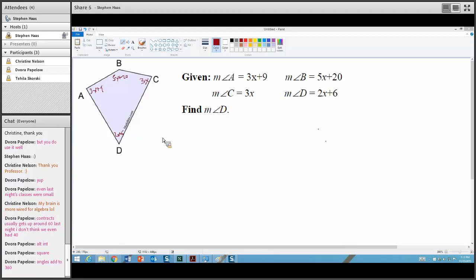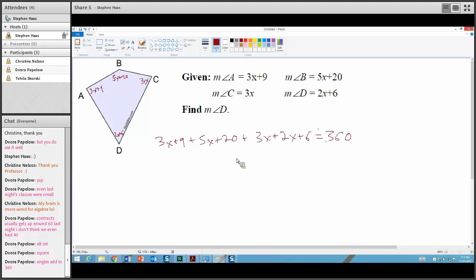So let's add them all up and set the whole thing equal to 360. So A, which is 3x plus 9, plus B, which is 5x plus 20, plus C, which is 3x, plus D, which is 2x plus 6, has to equal 360. And once we have this, now we can solve it like a regular equation.